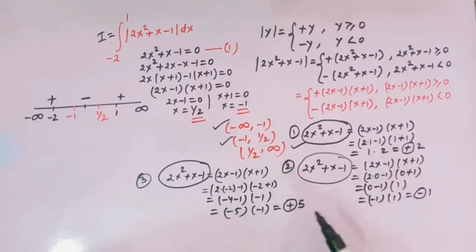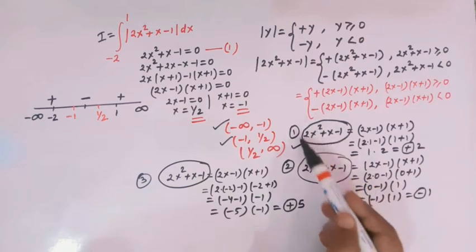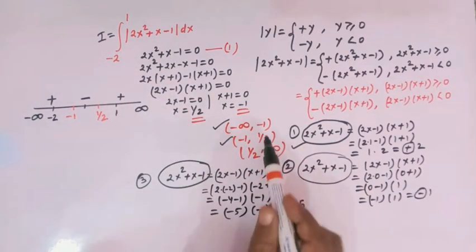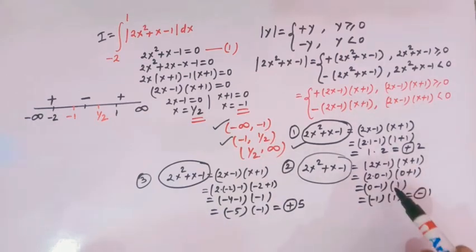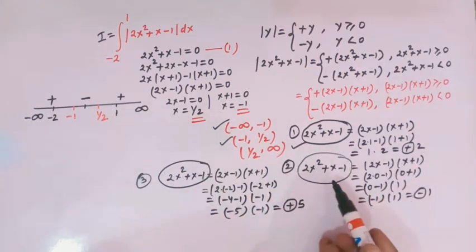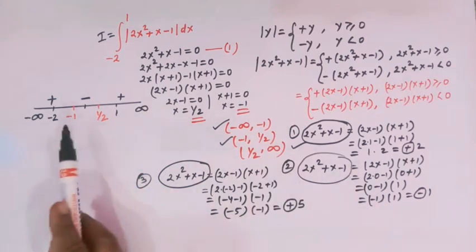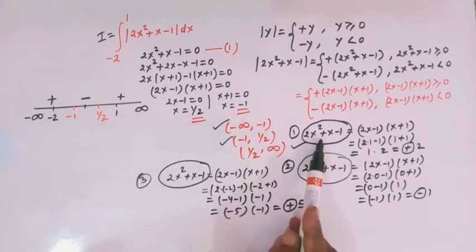We have assigned the sign of this quadratic expression in these 3 intervals by taking some value lying in each of these 3 intervals, right? So this is how we assign the sign of this expression, right?